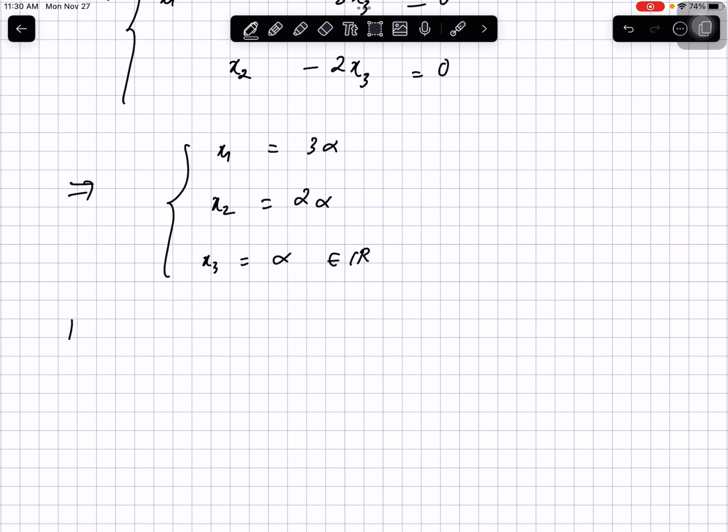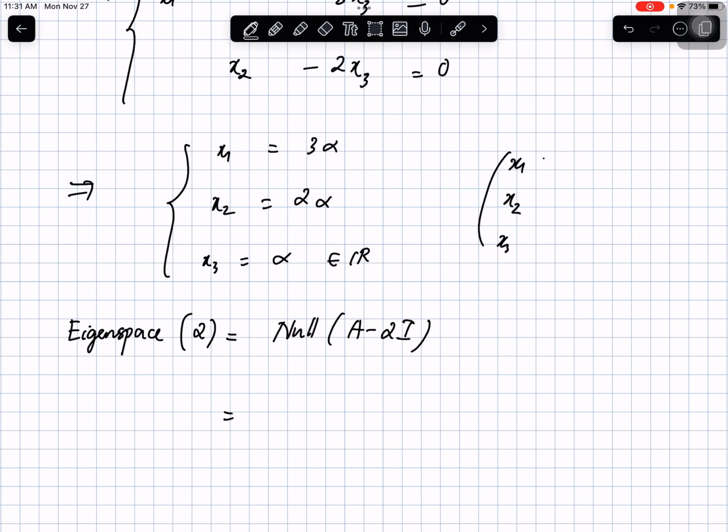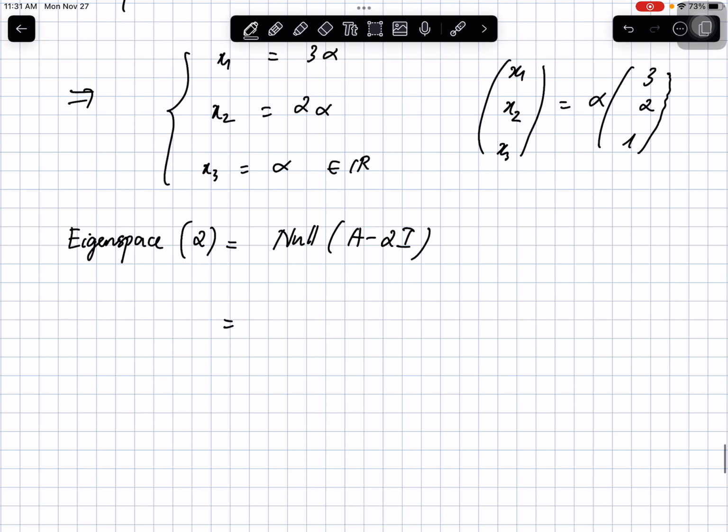So the eigenspace corresponding to 2 is the null space of A minus 2I, the set of vectors (x1, x2, x3) equal to alpha times (3, 2, 1). This is spanned by (3, 2, 1) transpose.